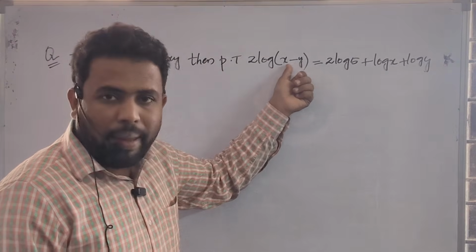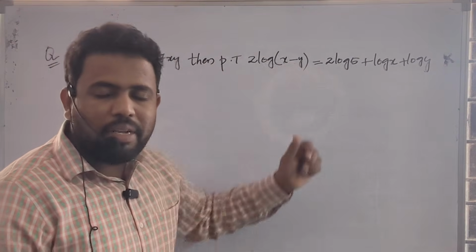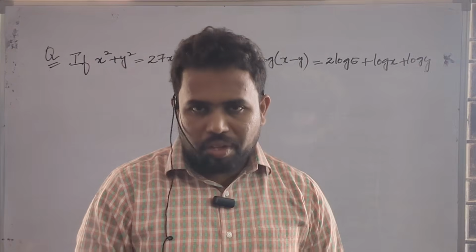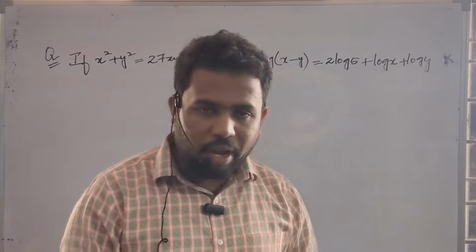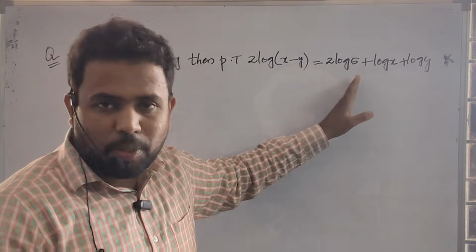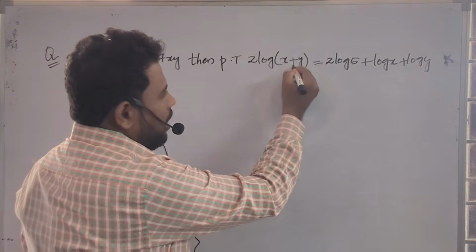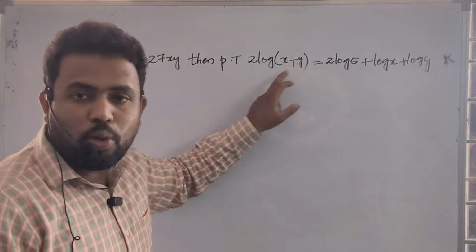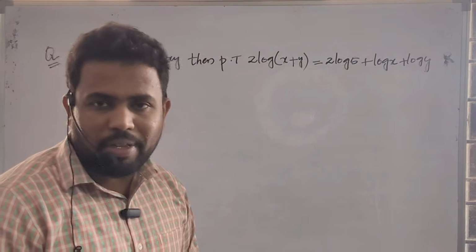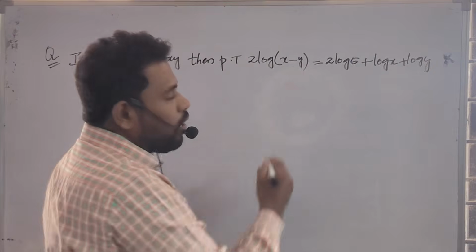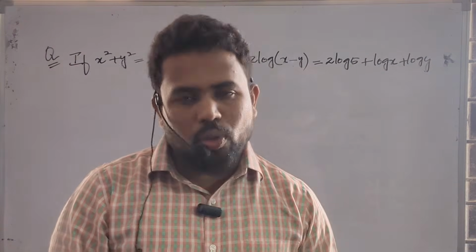If you find a minus in the middle, surely you have to apply the a minus b whole square formula. If it is a plus sign, you have to use a plus b whole square. So here, as we have the minus sign, we are going to apply a minus b whole square.